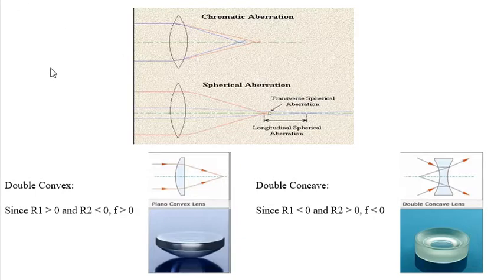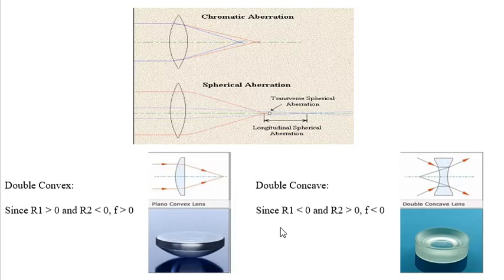Let's go to our case. For double convex, which is a positive lens and produces a real image in front of the lens, we have a focal length, and R1 is positive but R2 is negative.